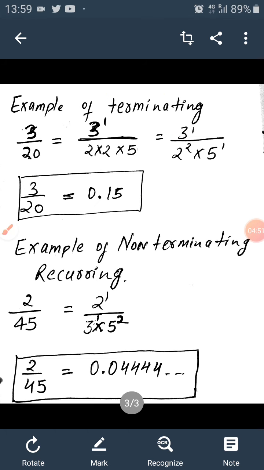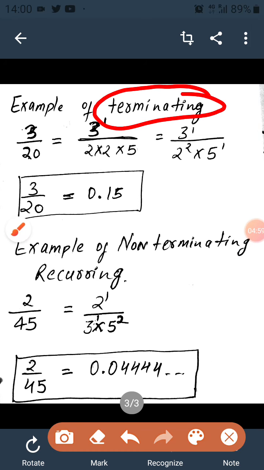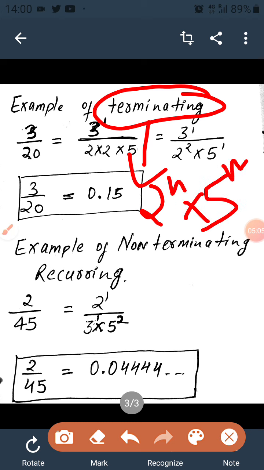So let us see the example of terminating, 3 by 20. 3 by 20 is terminating. Why is it terminating? Because for terminating, you can write it as 2 to the power n into 5 to the power m. Therefore, 3 by 20, you can see here 2 to the power 2 and 5 to the power 1, can be written in the form of 2 to the power n into 5 to the power m.